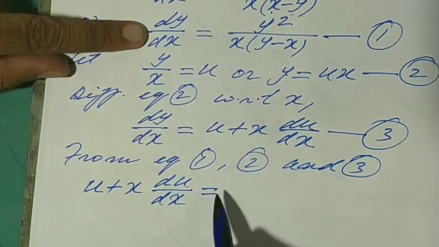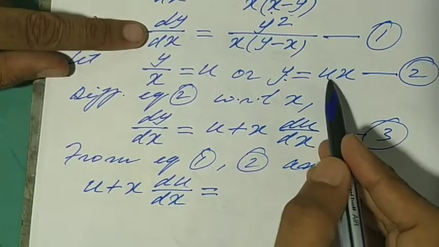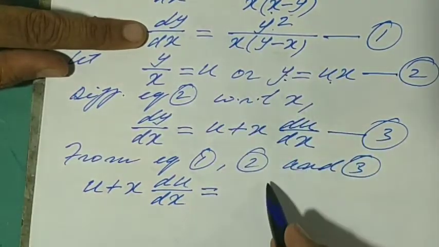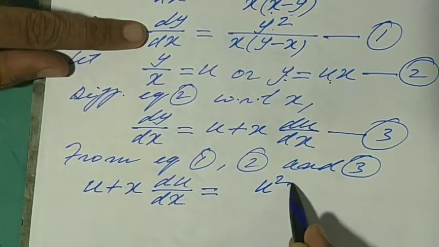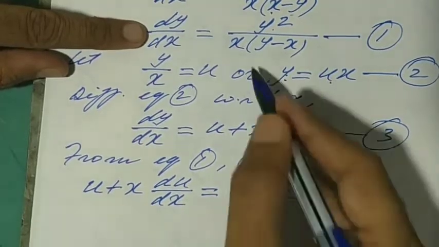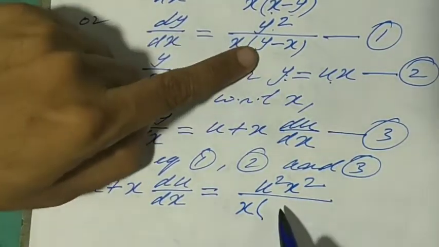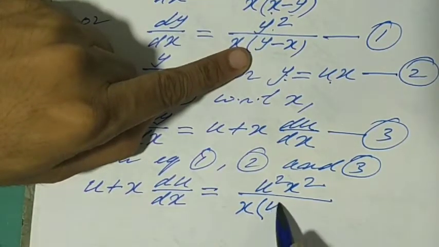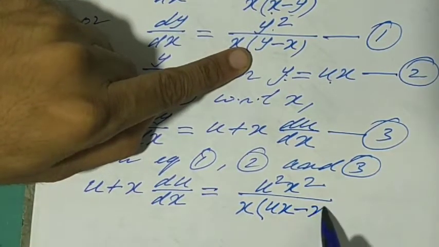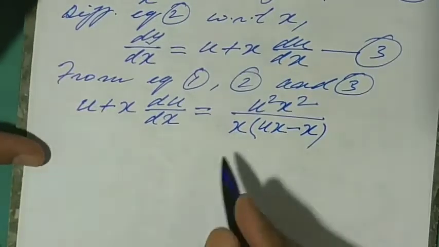is equal to, and in place of y we have to write down ux. So in the numerator we have u square x square, and in the denominator x as it is, inside the bracket, in place of y we have to write down ux minus x.